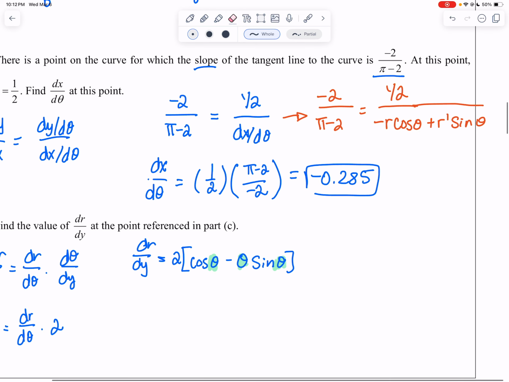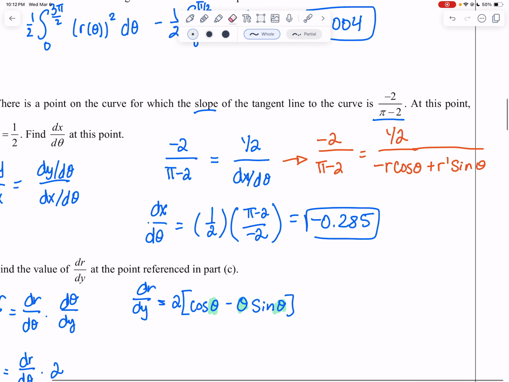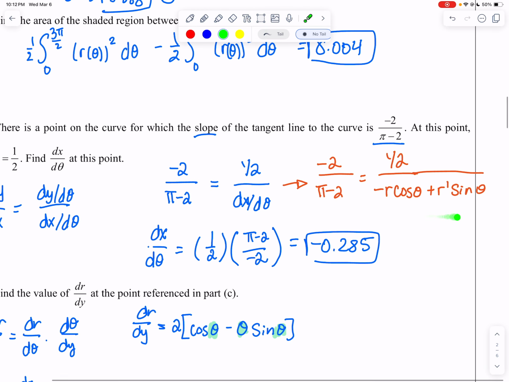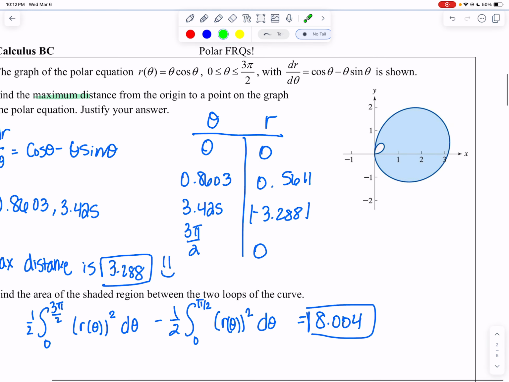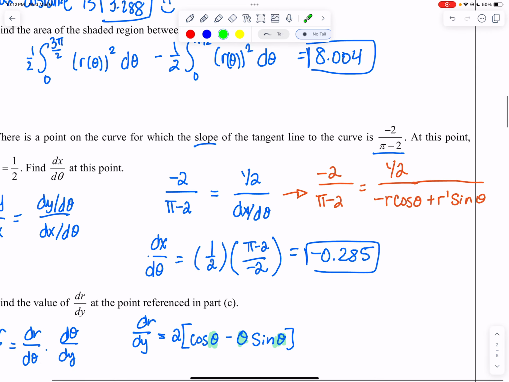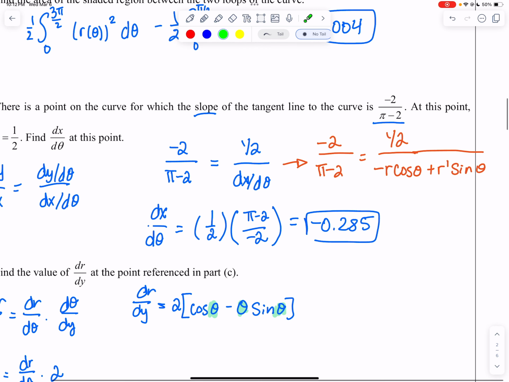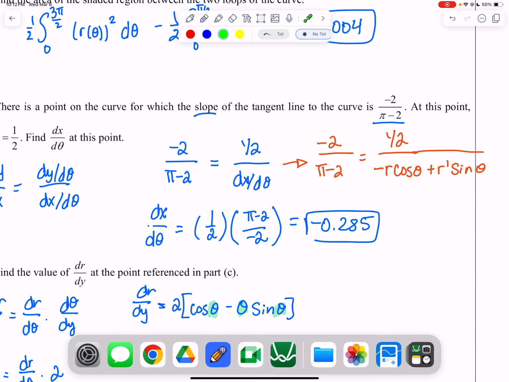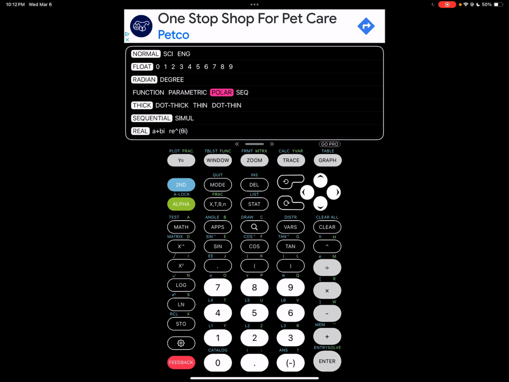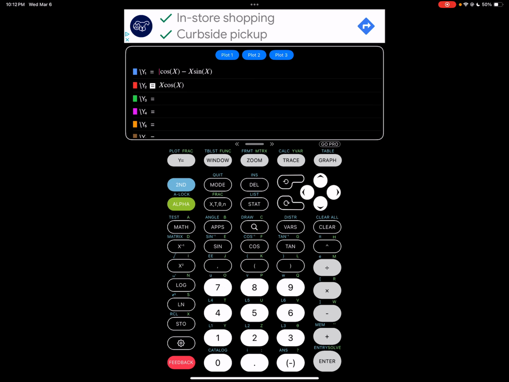So what we're going to do is put this into the calculator and find the intersection so that I can find out what theta is. We have r, and then we have dr/dθ right here. I am going to go back to function mode so that I can find the intersection. So I go to mode, function, y equals, and I have both of them. I don't really need these.